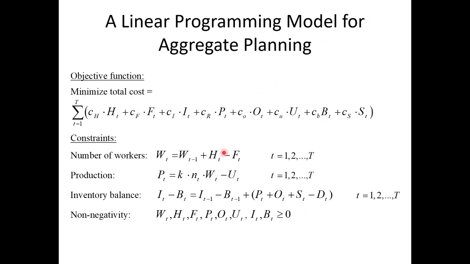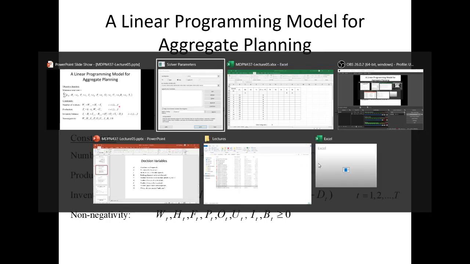The first constraint says Wt equals Wt minus 1 plus Ht minus Ft. That's the equation that represents how the number of workers changes over time. And we have to repeat that for all the 12 periods that we have in our example. So let us see how to do that.